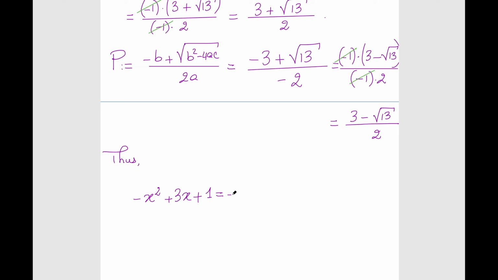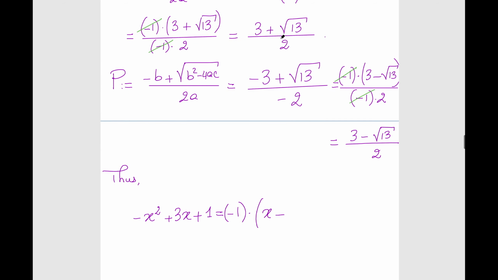So negative 1 times x minus m, and who's m? This is m, 3 plus square root of 13 over 2, times x minus p, and who's p? It's 3 minus square root of 13 over 2, right? Okay, so I just factored it.